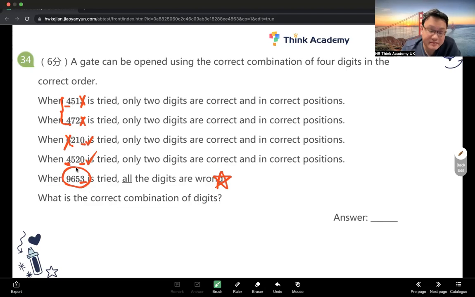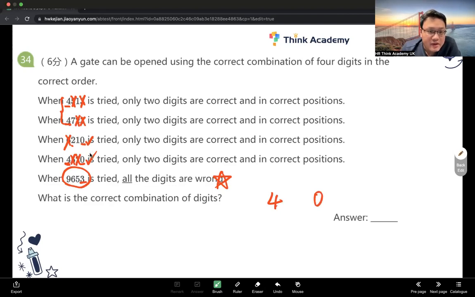So does that mean 5 and 2 on the last one are not correct? That's right. So you're going to delete all the 5 for the second place, and 2 on the third place. That's not correct. And then I think you have already got the answer, right? So the first digit must be a 4, and the last digit will be a 0.